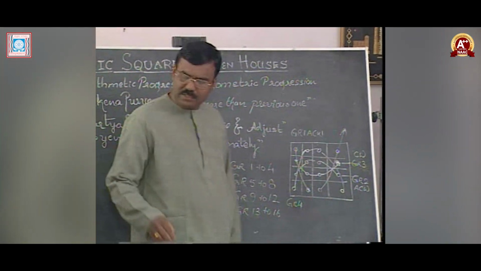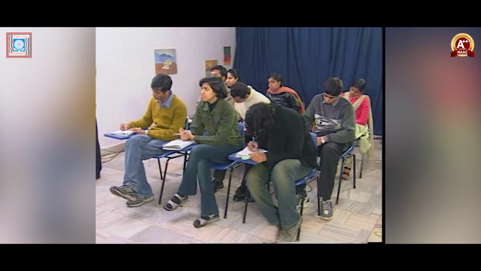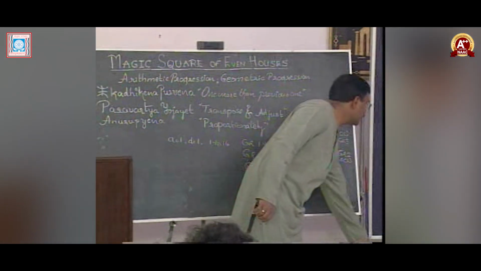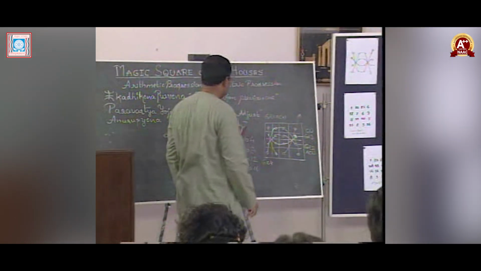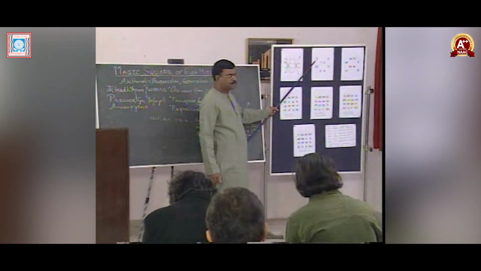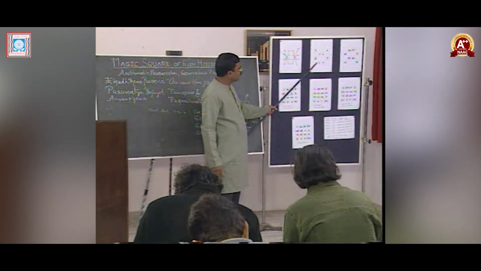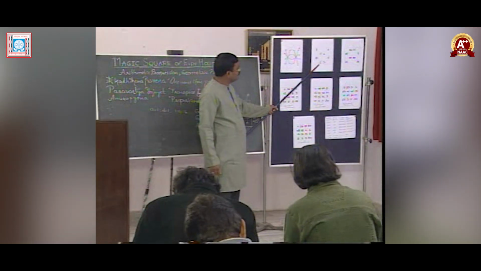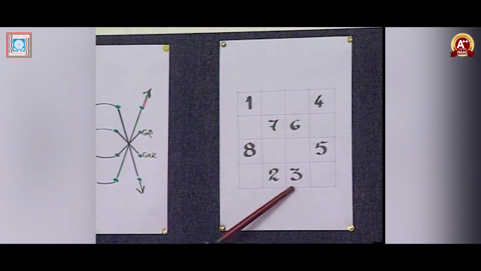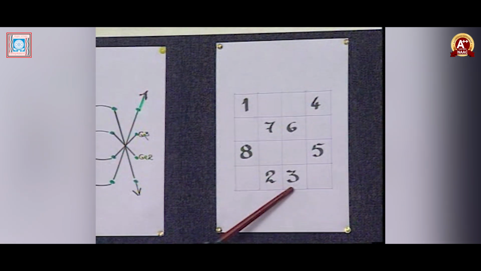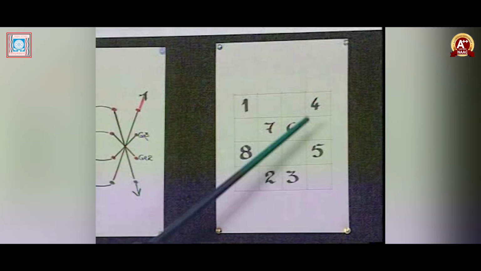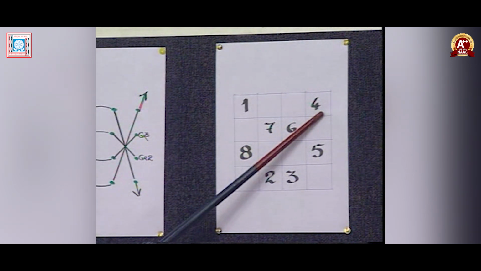Now let us fill up our arithmetical progression of 1 to 16 in this way. The first group is to be fed to the first one. The first group's second term is in the fourth row second column. The third term is in the fourth row third column, and the fourth term is in the first row fourth column.